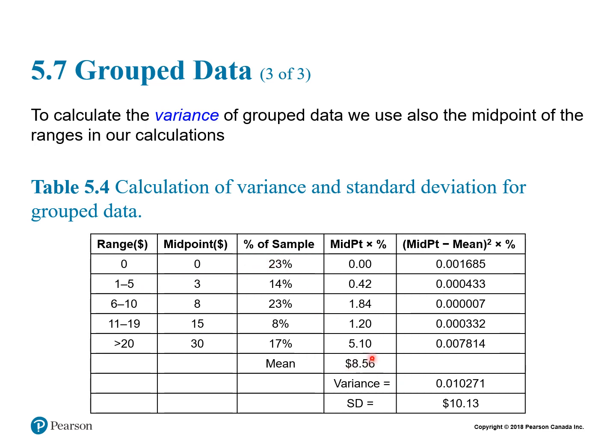So this table gives you all that I just mentioned. After we calculate the average, based on the previous slide, we're going to calculate the last column. The last column is, as you can see, the midpoint minus the mean, and the mean is 8.56, and the midpoint is this one here. So we get the difference, square it and multiply by the weight, which is already given here, 23 in this case. The second one is 14, and so on.